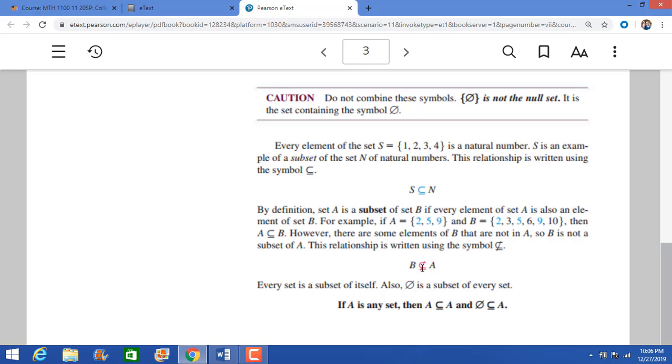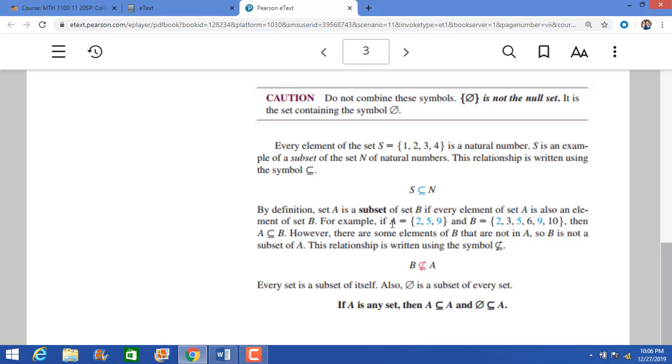And we use the slash, of course, for not a subset. Okay, typically in mathematics or logic, we use the slash to mean not, okay? Typically more in mathematics, we use this symbol for not a subset or not an element in the case as we were talking before.